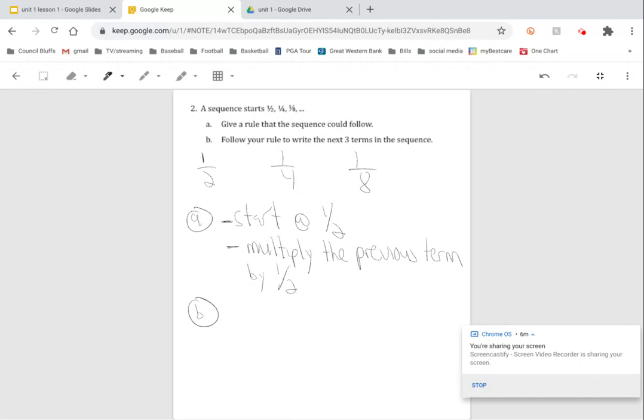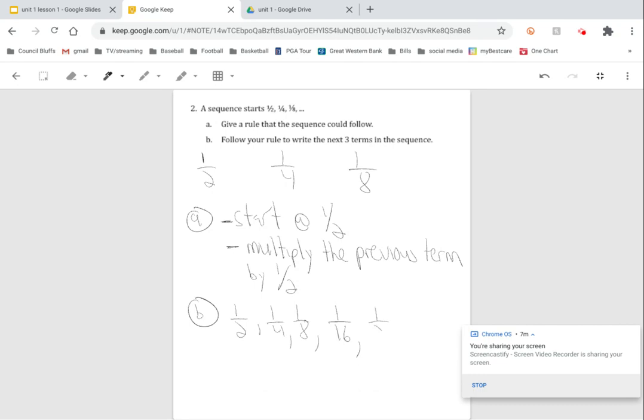Follow your rule to write the next 3 terms of the sequence. So our first 3 terms are a half, a fourth, an eighth. And then to write the next 3 terms, again, we're going to keep multiplying by a half. So an eighth times a half is going to be 1/16.